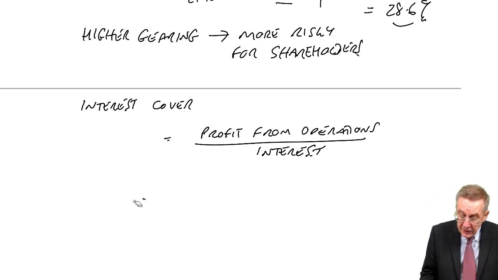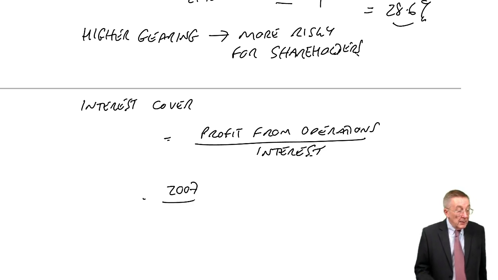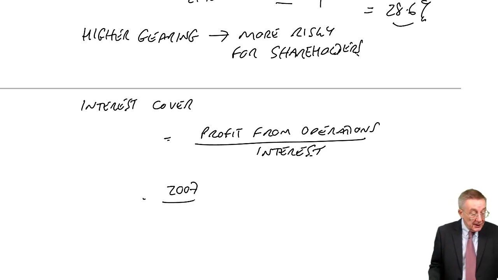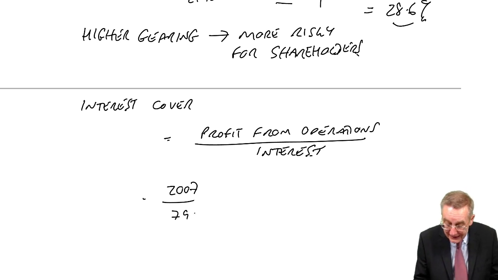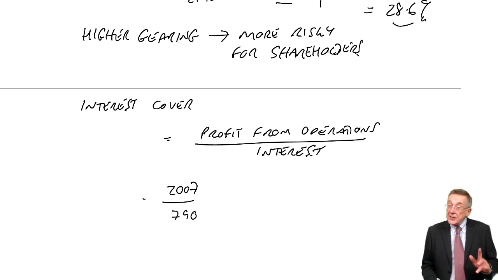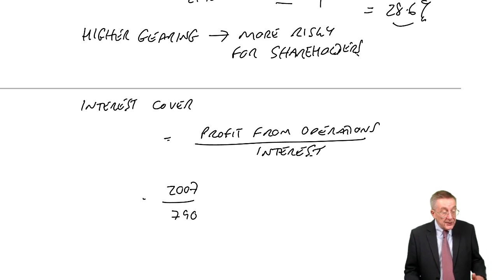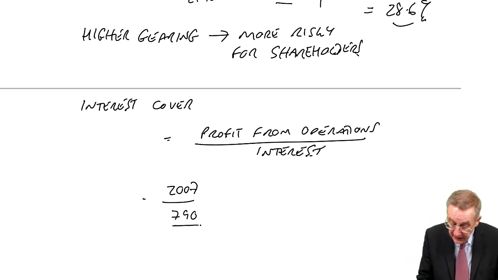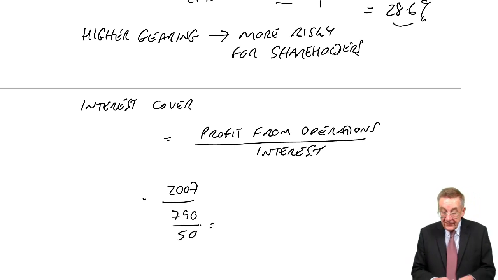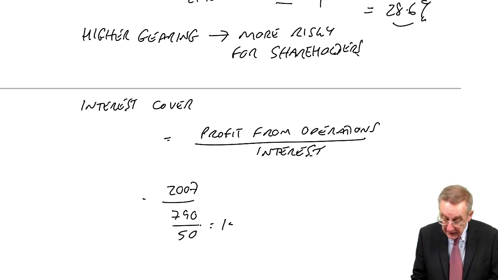For our example, in 2007, the profit from operations, the profit before interest and tax, was 790. The interest, I said earlier, finance costs as interest was 50. And so it was 15.8.